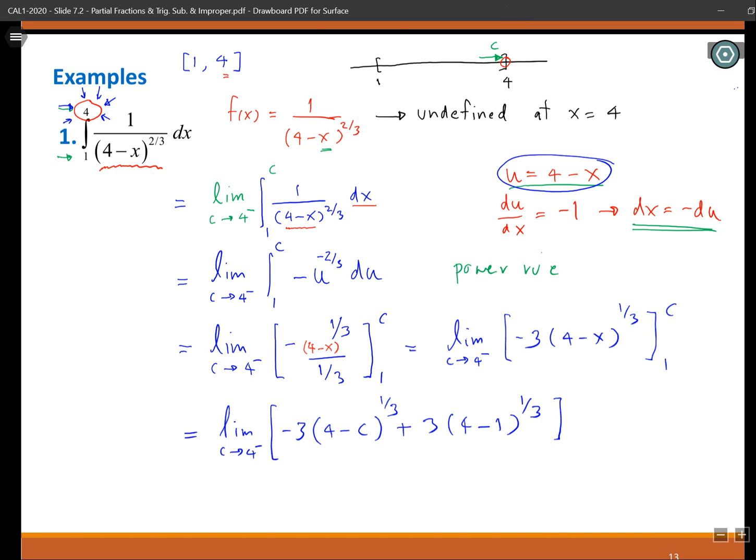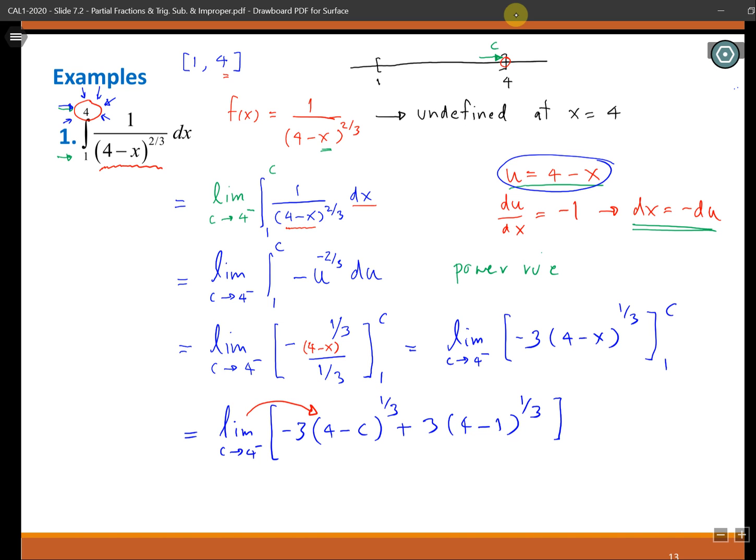Okay, this looks good. At this point we need to distribute the limit into both terms, the front term and the back term. But as you can see, the back term doesn't have any c, so we don't need to apply the limit there because it doesn't affect anything. We can just take it out.